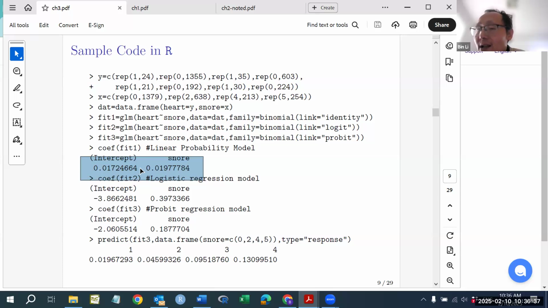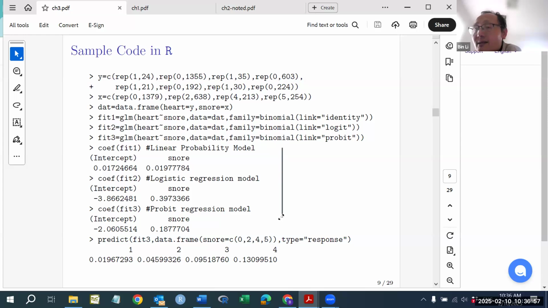And you may ask why. The main reason is that OLS uses the least squares approach, and all these methods that we talk about using the GLM use the maximum likelihood approach.